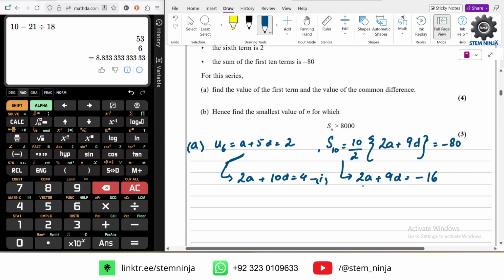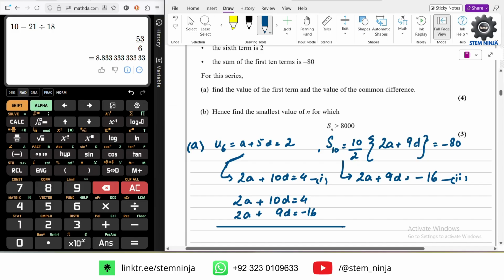So this is our first equation, this is our second equation. So when you solve the equations simultaneously, this would become 2a plus 10d equals to 4, 2a plus 9d equals to negative 16.